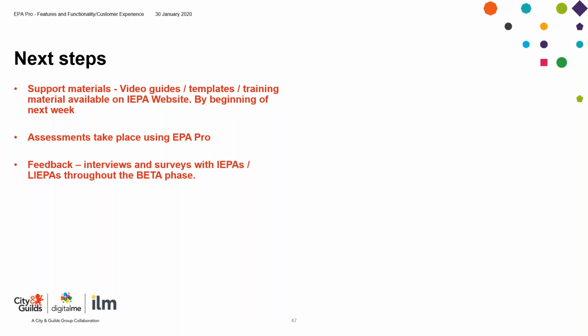So your normal site where you may have access to your materials, the general materials and your specifics, we'll put the materials on there and there will be comms going out to explain what is there and how you can use it.